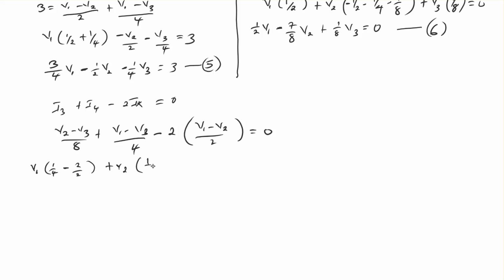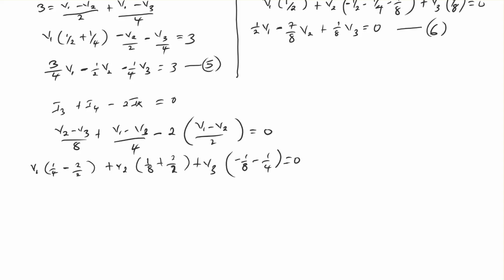We have 1 over 8 from here. And here we have minus minus will give me plus 2 over 2, right? And I think that's it for V2. Then V3. We have minus 1 over 8 here. We have minus 1 over 4 here. And that's it. Equal to 0.